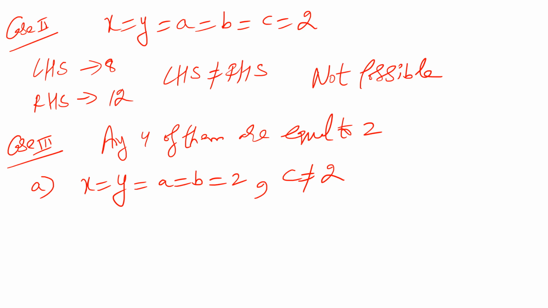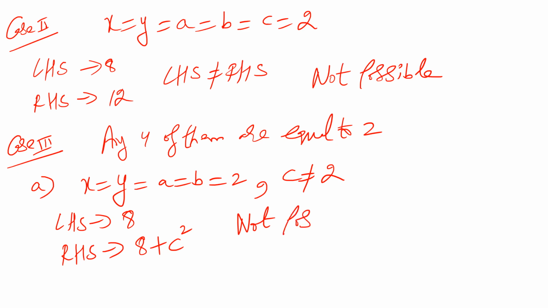But on the left hand side both of them are 2. So LHS becomes 4 plus 4, again 8, and right hand side RHS becomes 4 plus 4, 8 plus c square. Now obviously if I want both of them to be equal, then c has to be 0, which is not possible because c is a prime number. So that means this is also not possible because LHS cannot be equal to RHS.